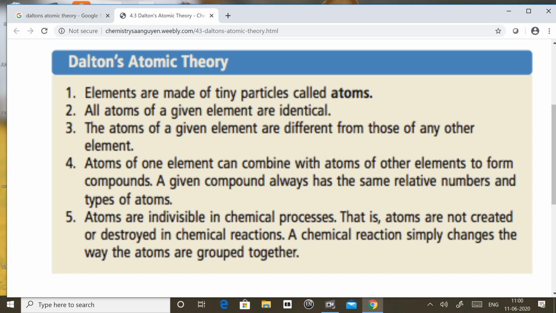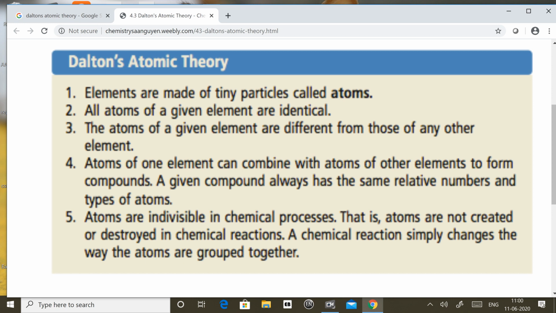That means carbon dioxide contains 2 elements, carbon and oxygen. And water contains 2 elements, hydrogen and oxygen.